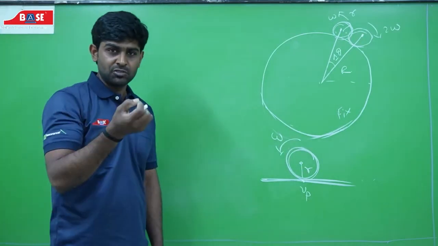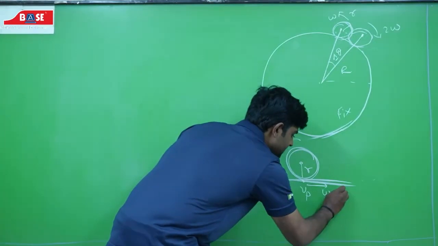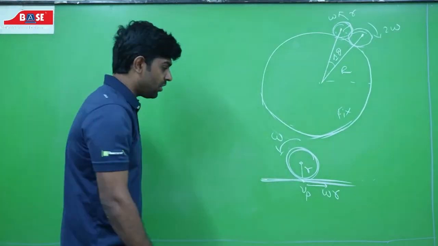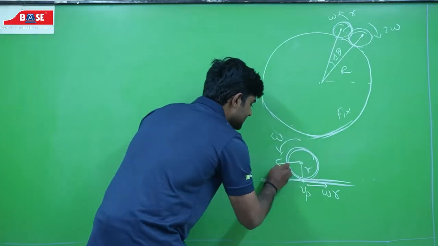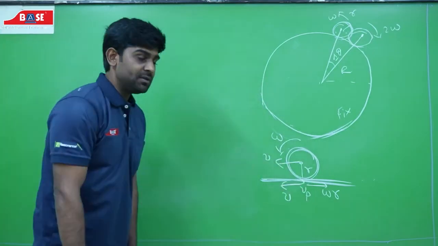The point which belongs to the disk should be at rest. Because of rotation, you will have omega r speed. And because of translation, if it has speed v, then the bottommost point will have the speed v because of translation.